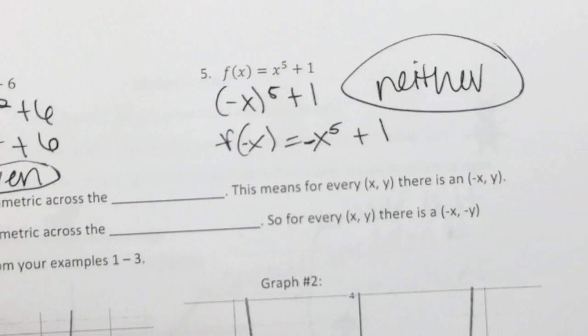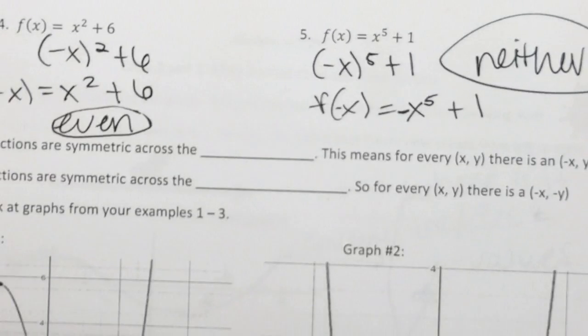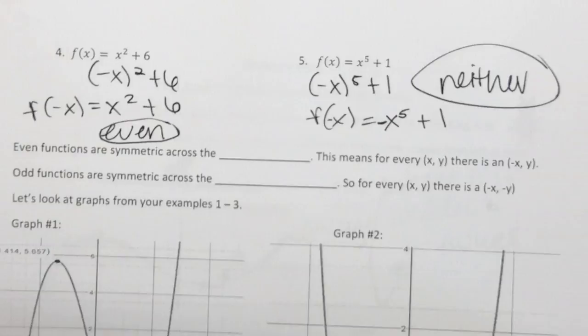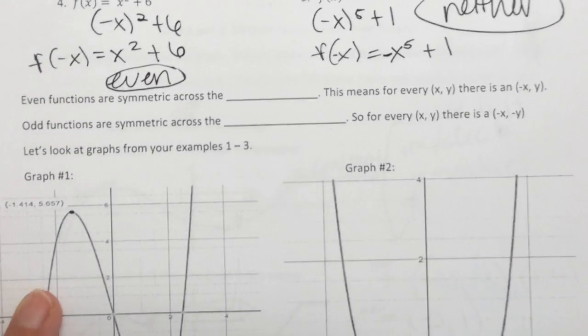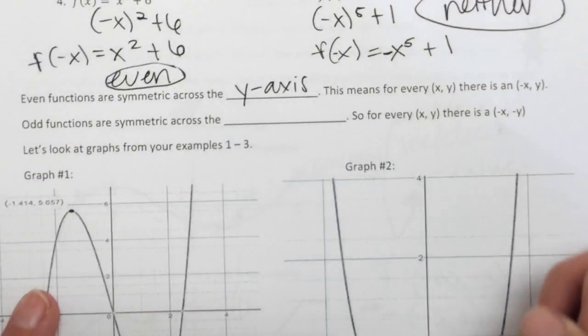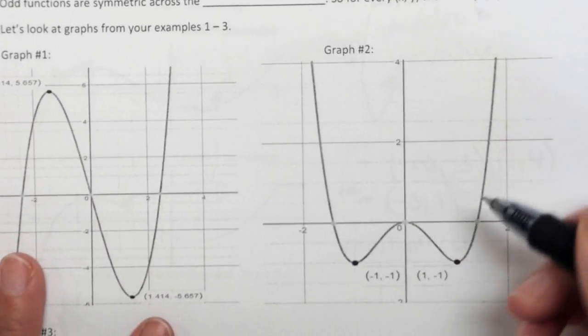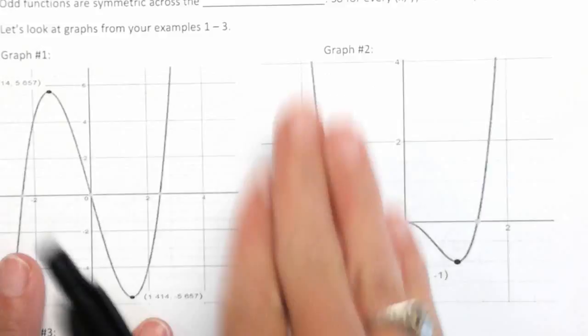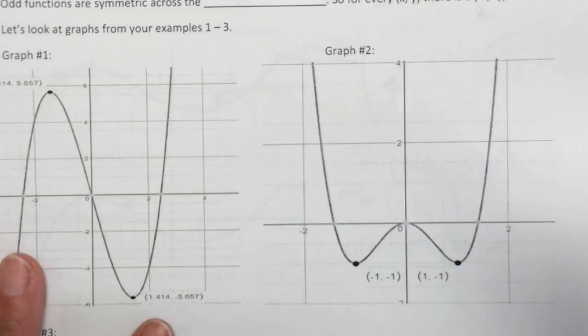Everybody good with those? You can also tell if it's even or odd just by looking at a graph. Even functions are symmetric across the y-axis, and that's this one, right? Notice how if I just took this function and flipped it over the y-axis, it'd be the same thing.